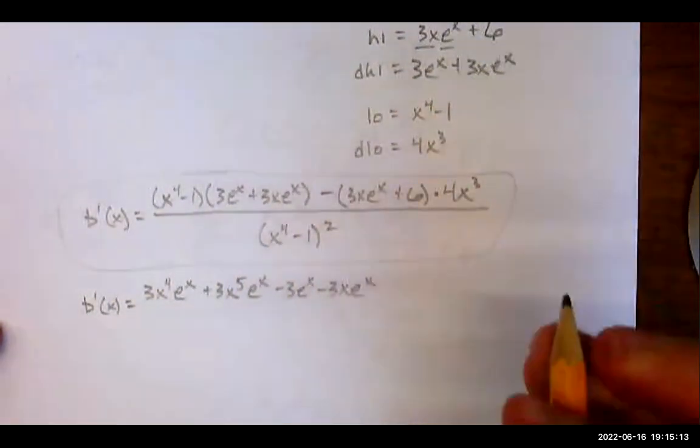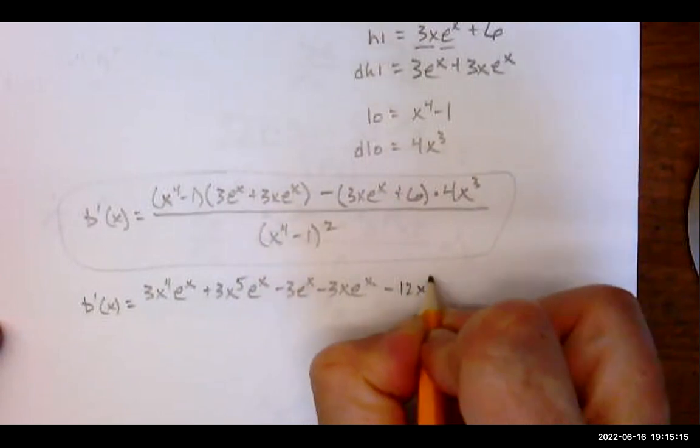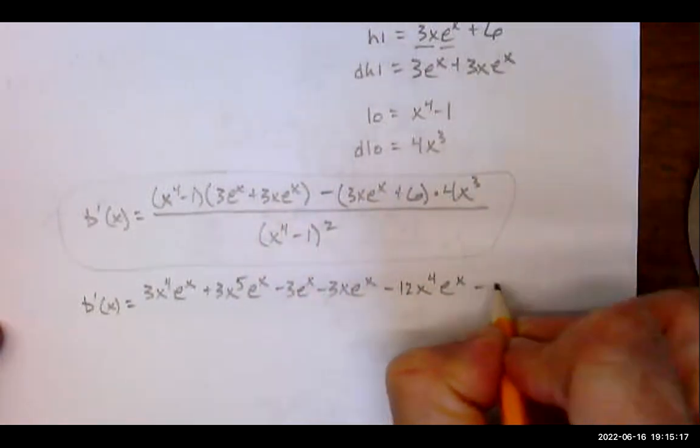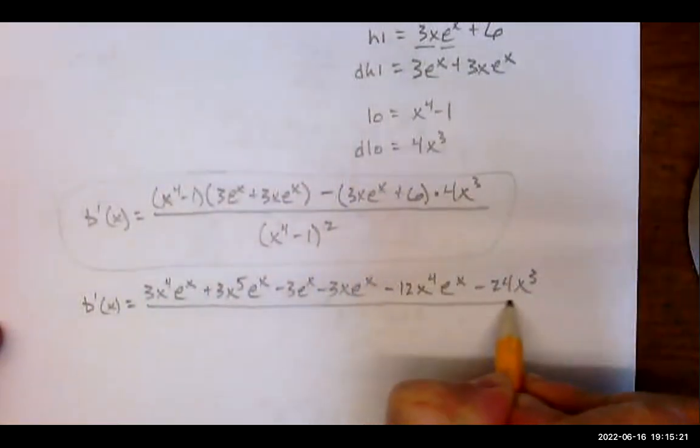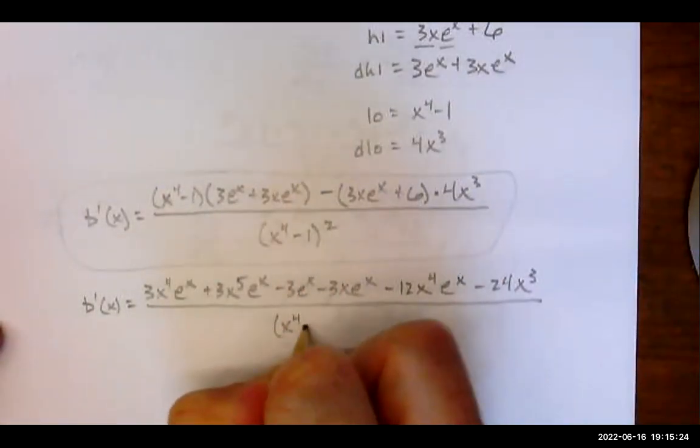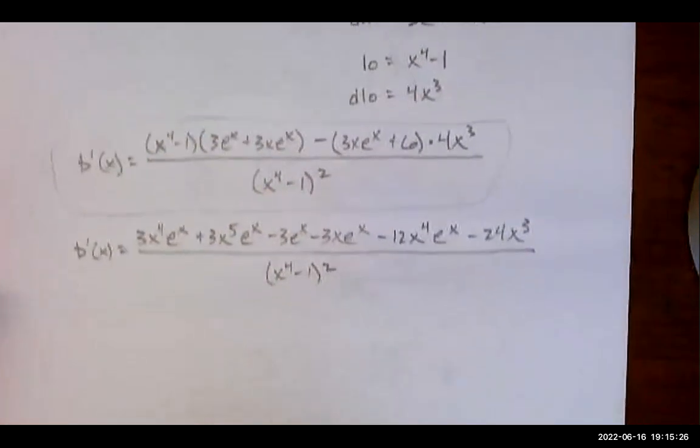And over here, minus 12x to the 4th e to the x minus 24x cubed, all over our low squared still.